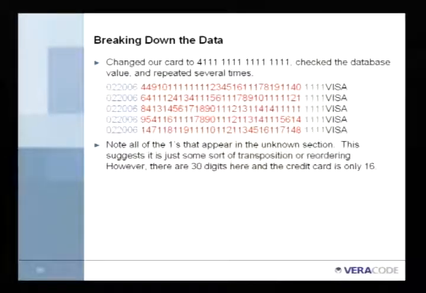You can see 1, 2, 3, 4, 5. It's just the positions at which those pieces of garbage actually appear. So this suggests that what we're looking at is some sort of transposition, a reordering of the original digits. In the middle section there, we've got 30 digits, and the credit card is only 16 digits. So we have to figure out what's real and what's noise.